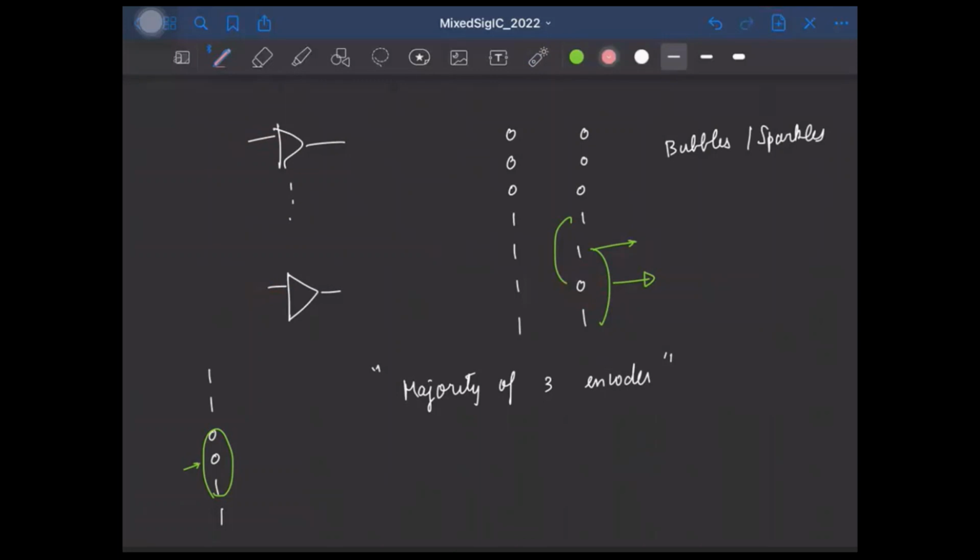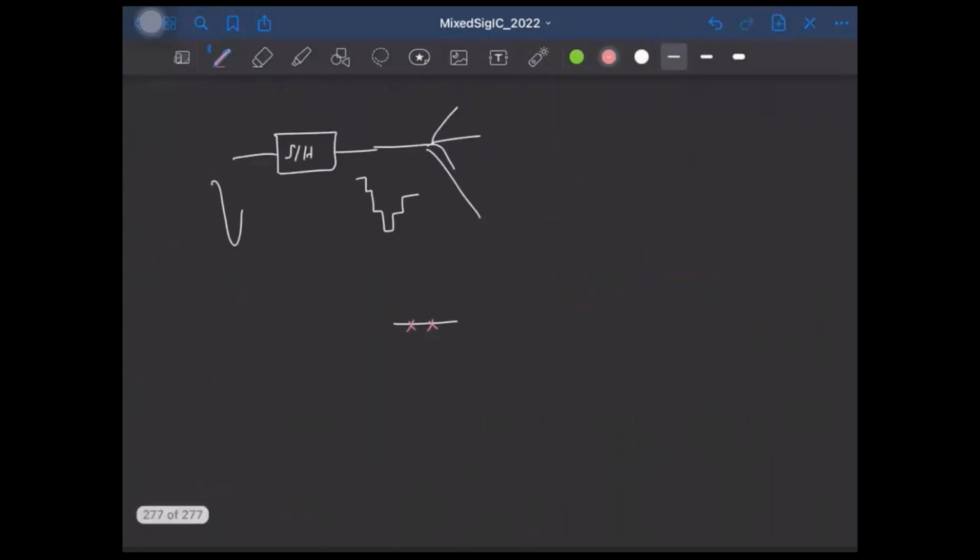If you look at a modern Flash ADC, they'll all have a sample and hold. This sample and hold will be very simple; it may just consist of a simple switch and a capacitor, and it will be buffered using a source follower like this.